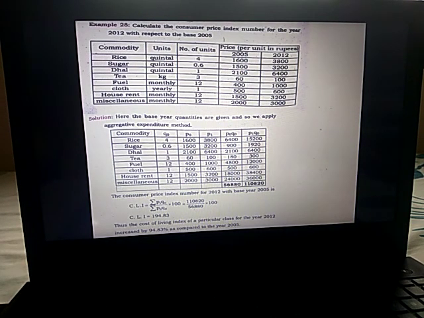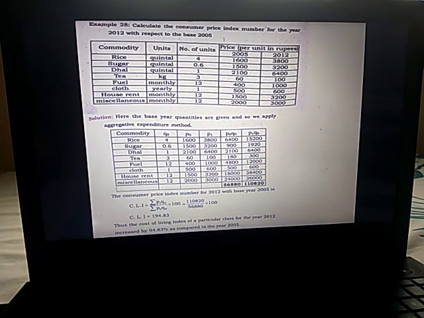The consumer price index for 2012 with base year 2005 is given by summation P1 Q naught divided by summation P naught Q naught into 100, which equals 110820 divided by 56880 into 100. That is nothing but 194.83.